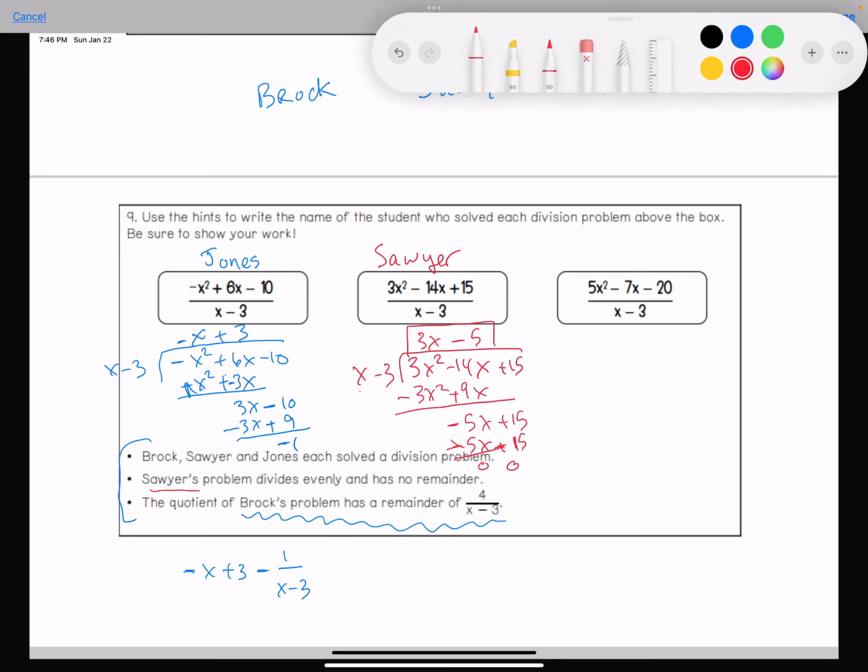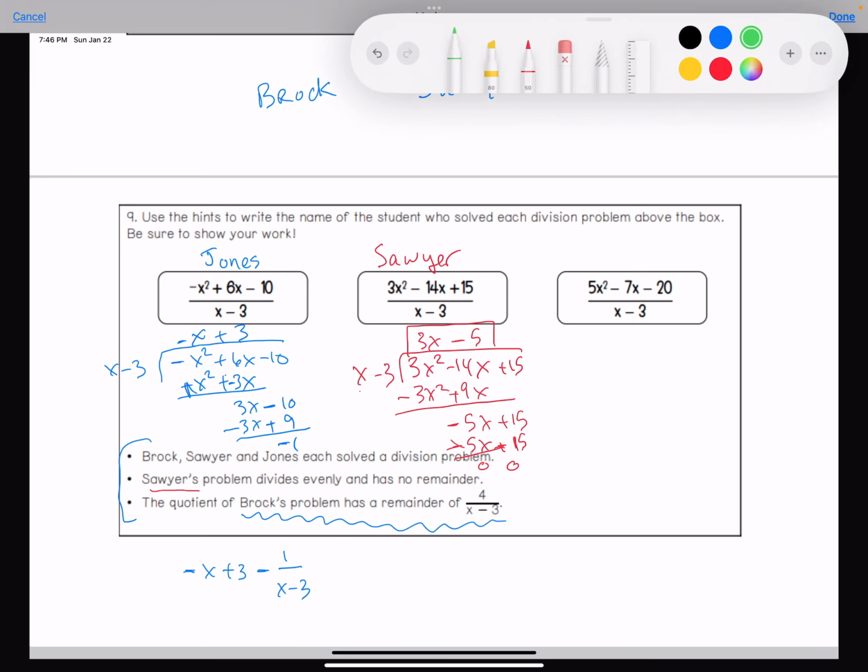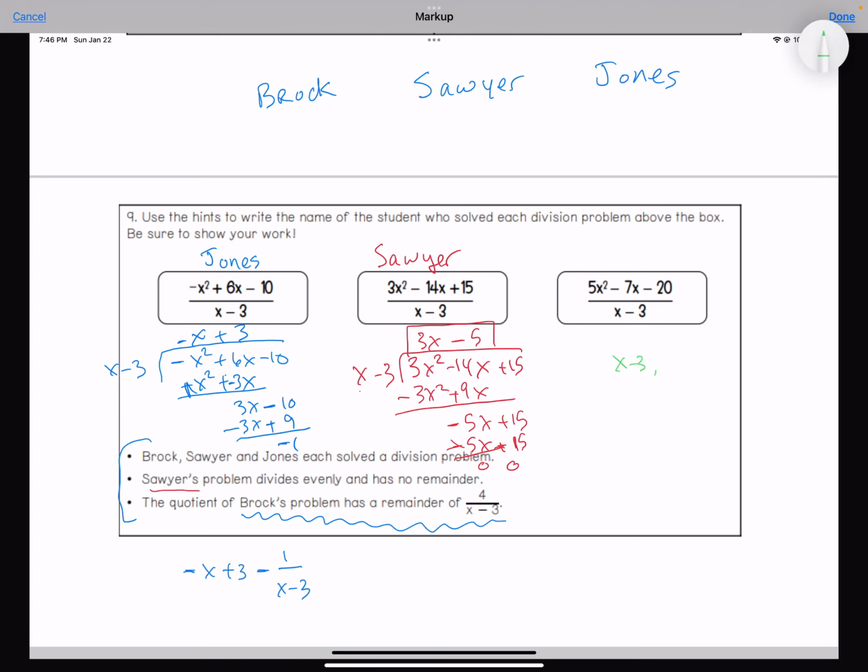And now to check the final. X minus 3, 5x squared minus 7x minus 20, 5x minus 15x, that's 8x minus 24.